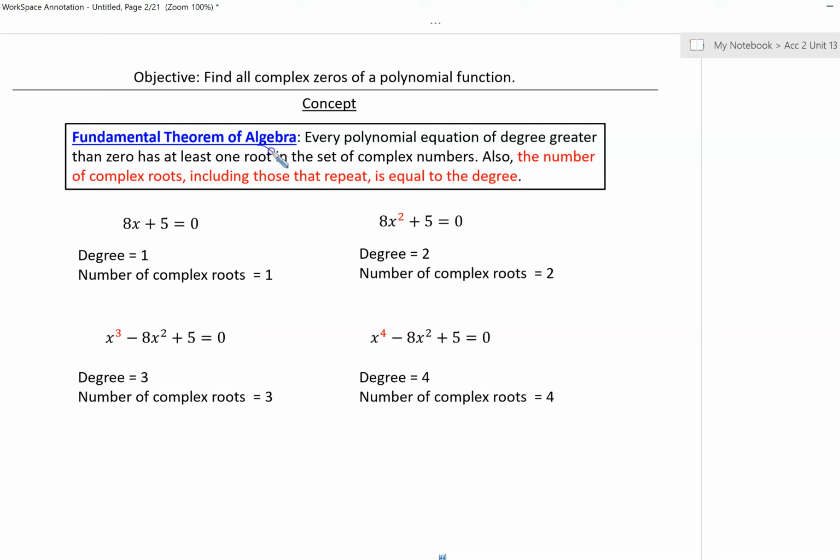So roots is a word that we may not have really focused on before. Root is a word that also is synonymous with zero. So when we're finding roots, it's the same process as finding zeros. So for our cubics, we would expect there to be 3 roots or zeros. For our quartics, which has a degree of 4, we would expect there to be 4 roots or 4 zeros.